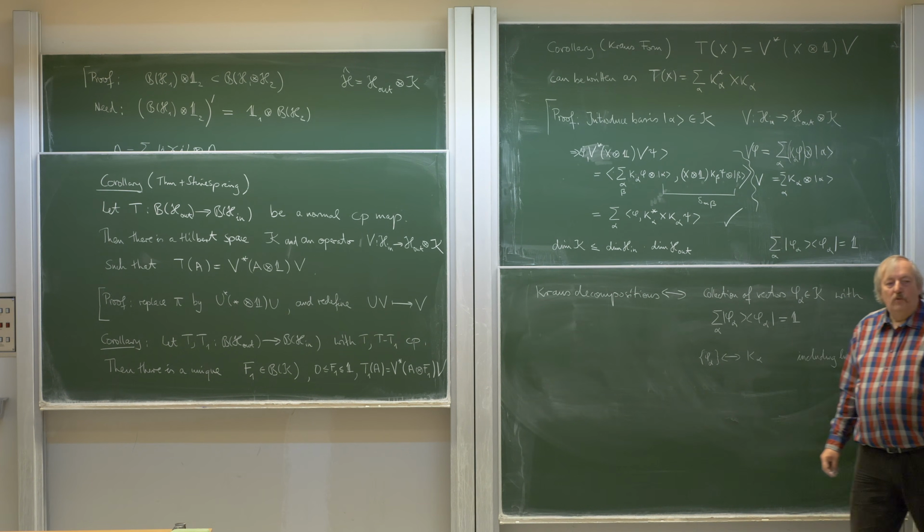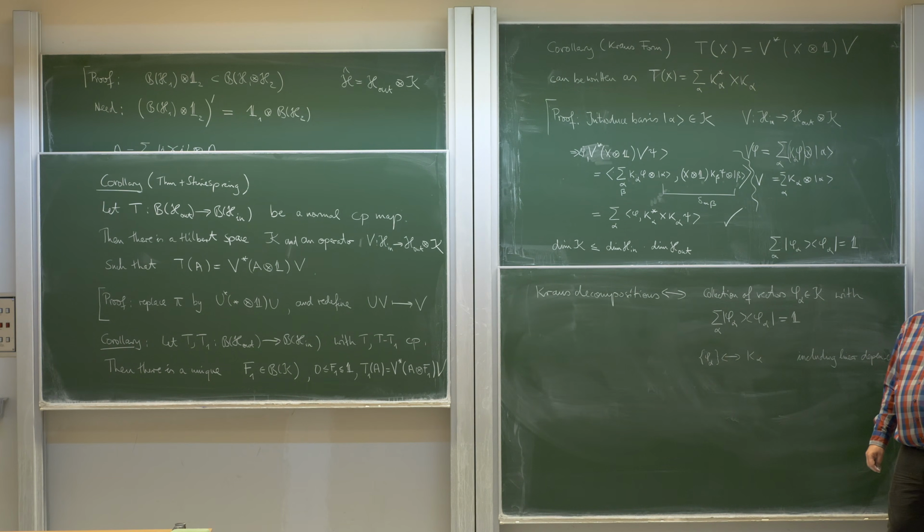So one way to reduce the number of Kraus operators is to take them linearly independent.